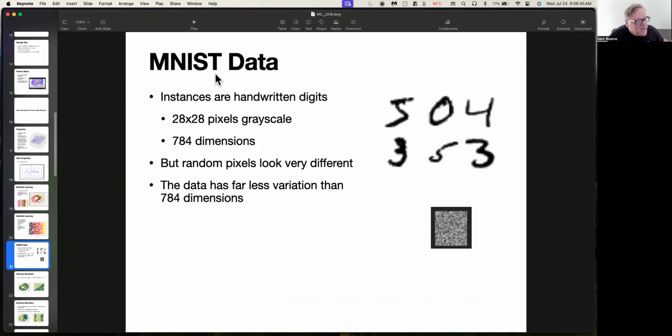So in the MNIST data, consider this. Every image is 28 by 28 pixels of grayscale, so we have 784 dimensions. But if you really had 784 independent dimensions that explored all possible values, the images would look like this. And that is, of course, not the way they look. If you look at these, for example, the edges are almost always white, so those dimensions don't contain any information at all.